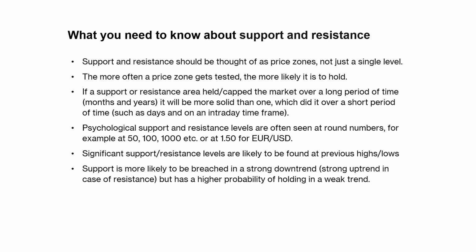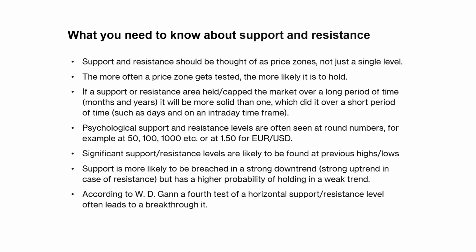It is suggesting that the trend is losing steam. According to WD Gann, a fourth test of a horizontal support or resistance level often leads to a break through it. So that's worth watching out for.